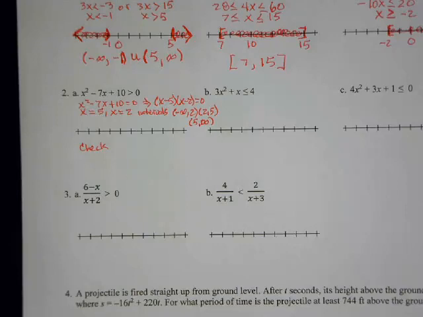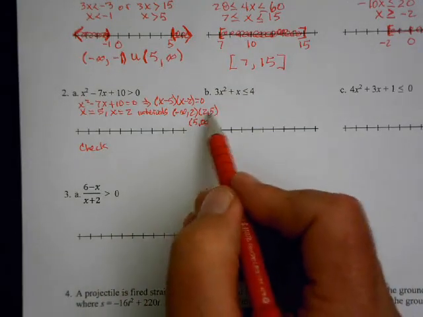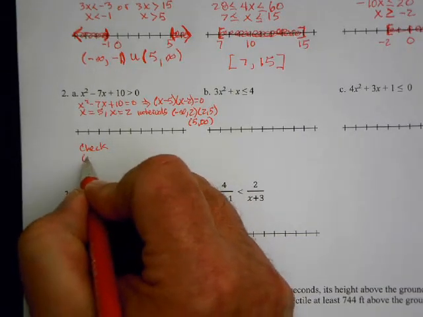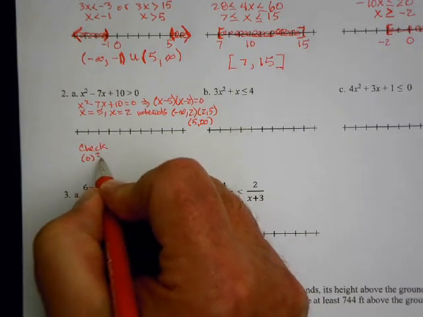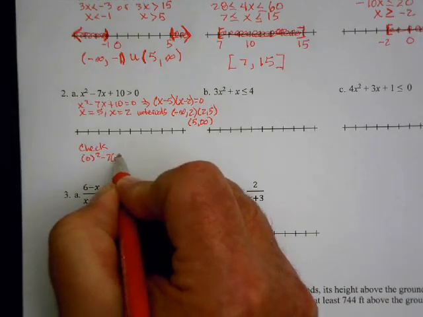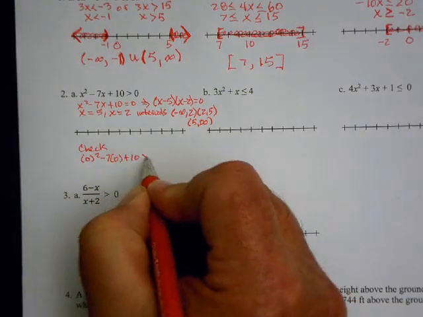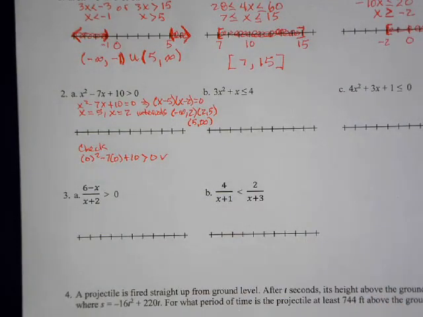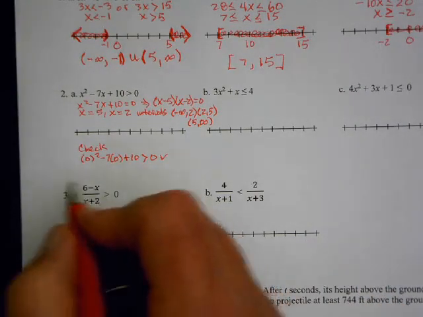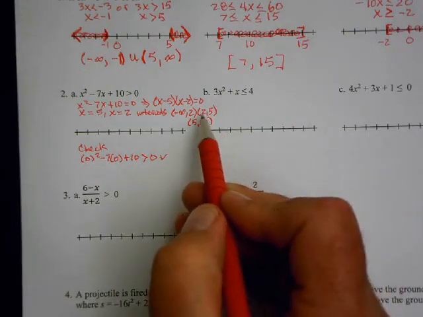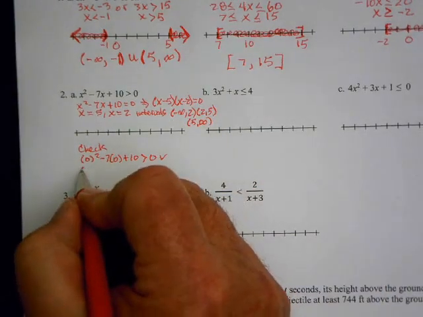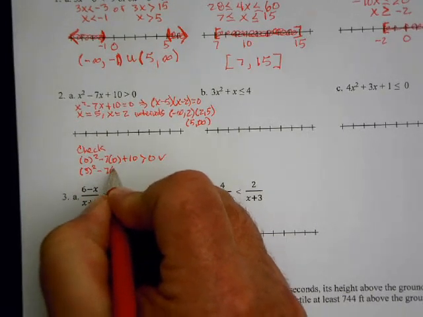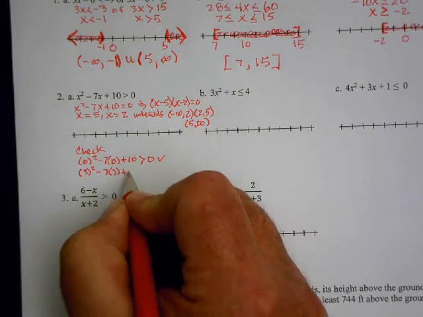For instance, between negative infinity and 2, let's try 0. So 0 squared, subtract 7 times 0 plus 10. Is that greater than 0? Okay, it is. So that worked. All right, next. Let's try between 2 and 5. Let's try 3. So is 3 squared minus 7 times 3 plus 10 greater than 0?